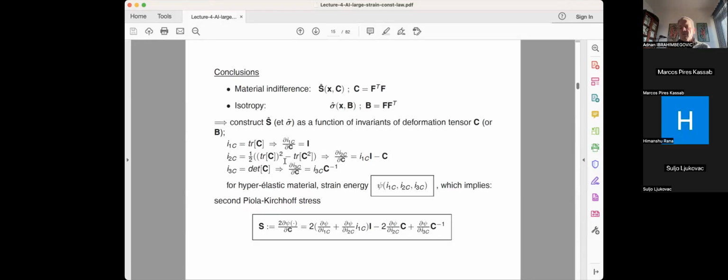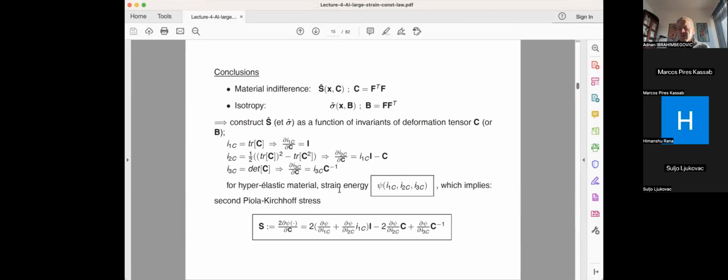And finally, the third invariant is the determinant of your tensor C. Hence, I will then postulate the hyperelastic response in terms of these three invariants, and I will have material indifference already verified. No matter what the coordinate system is, these invariants are always the same. And if I postulate the energy in terms of the three invariants, I'm fine with the computation of my stress.